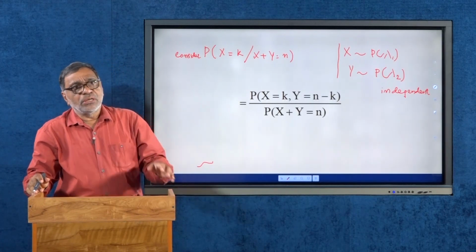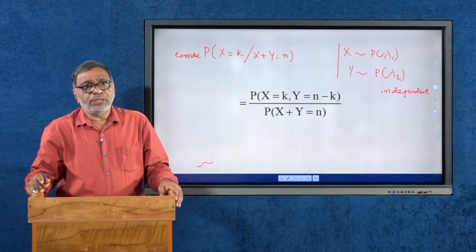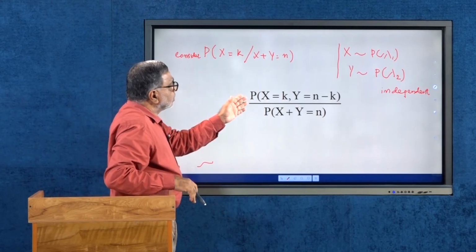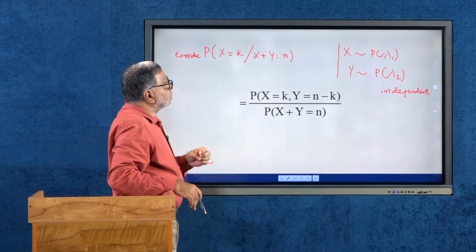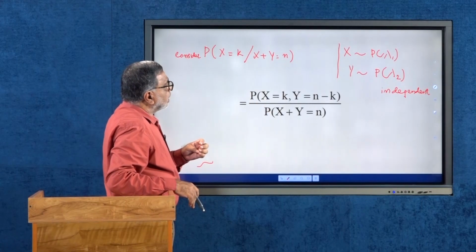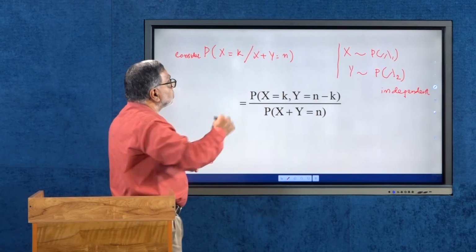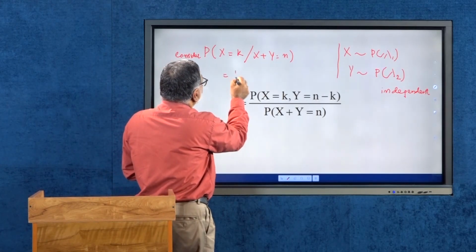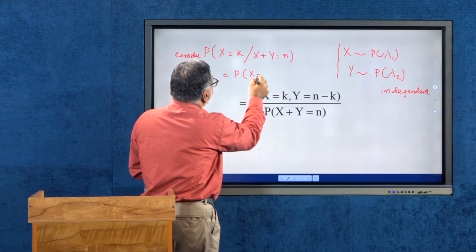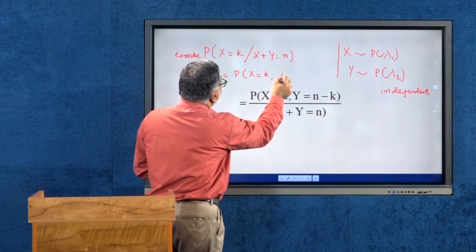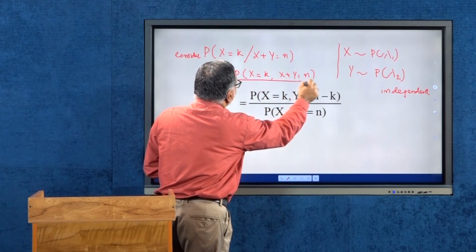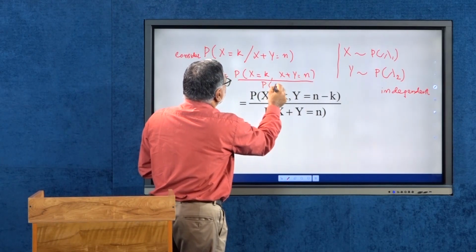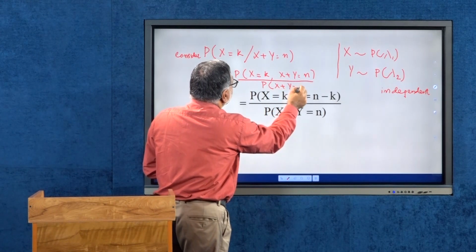Using the definition of conditional probability, this is the same as the probability of x equal to k intersection y equal to n minus k, divided by the probability of x plus y equal to n. Because this is actually the probability of x equal to k and x plus y equal to n, divided by the probability of x plus y equal to n.